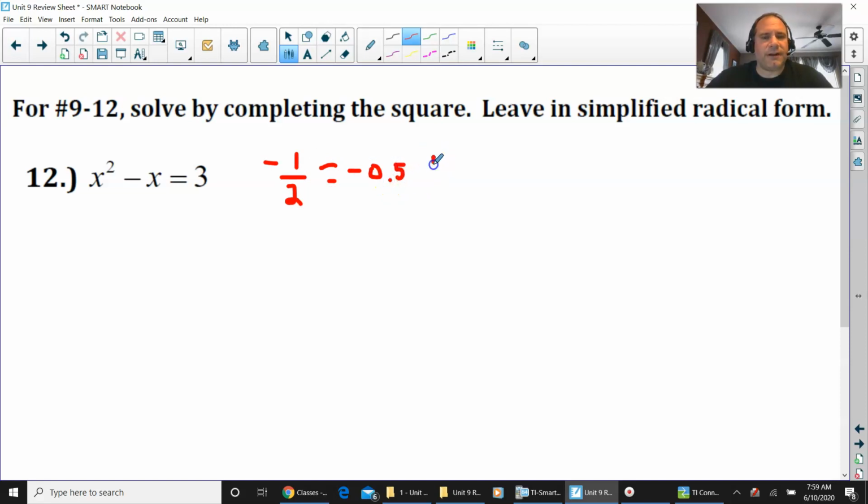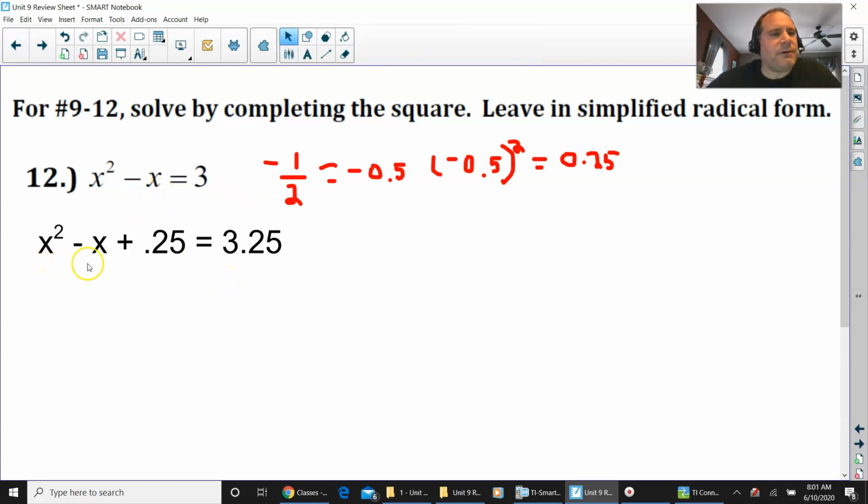Then it's negative 0.5 squared, which will pretty much never be a negative number. So negative 0.5 squared in your calculator is 0.25. All right, so now you would just add that to both sides. You have x squared minus x plus 0.25, adding the 0.25 to the left side, and then adding it to the right side, you have 3.25.